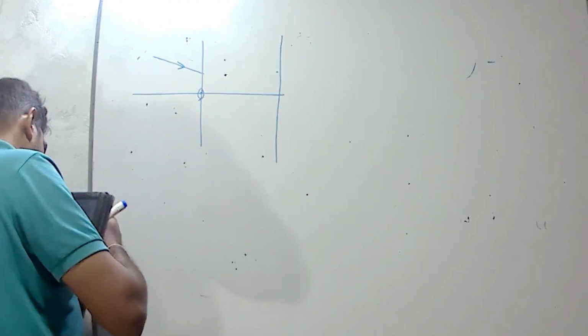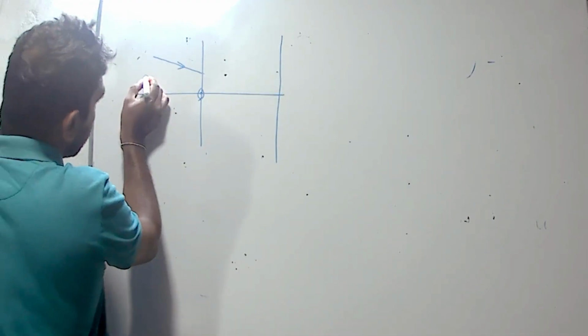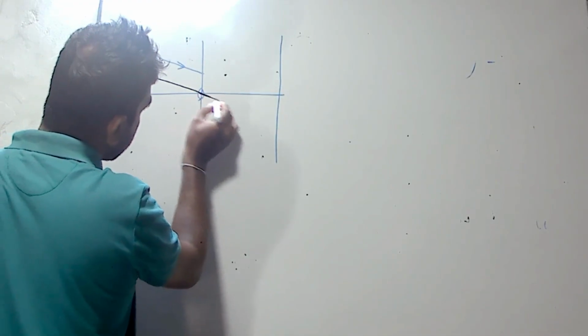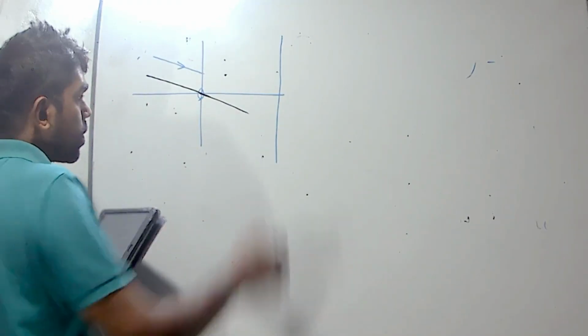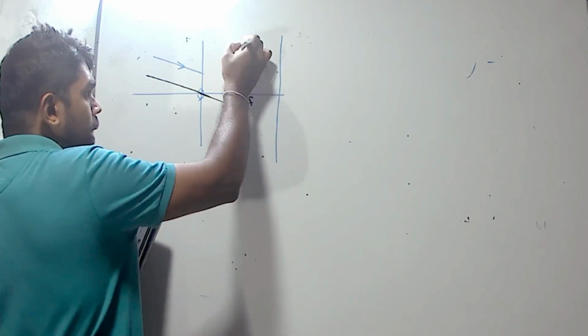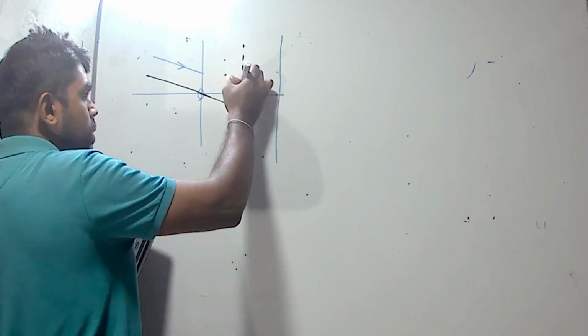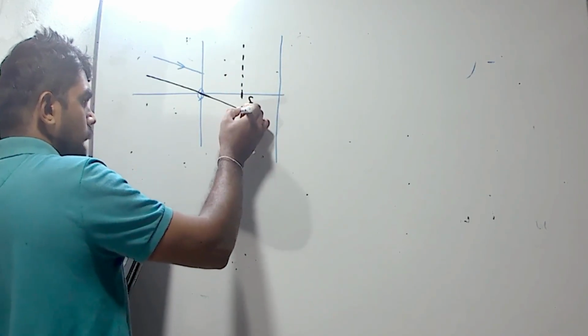I will draw the light ray passing the pole and it is parallel to the given light ray. It will not deviate. Then I will draw the focal plane. Focal plane means the plane passing through the focal point. It is like this.